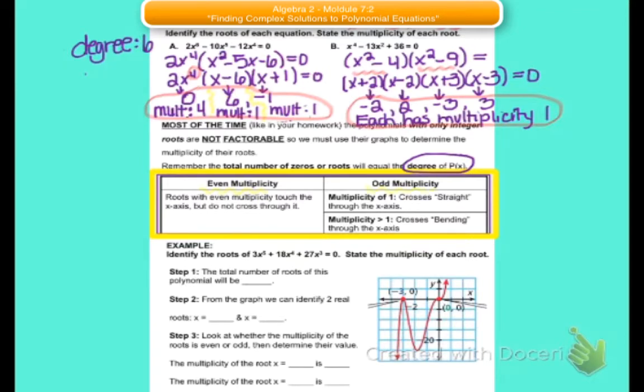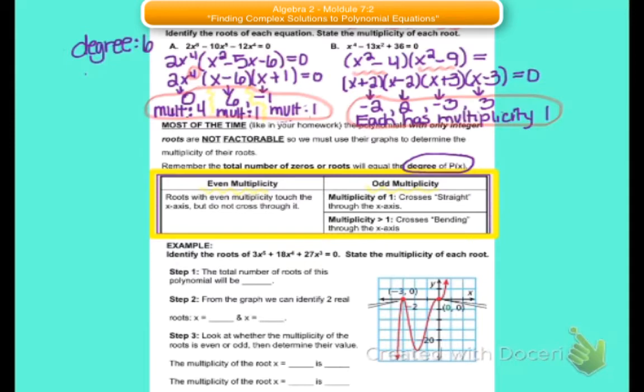So if we have even multiplicity, such as when we had multiplicity 2 or 4, roots with even multiplicity, their graphs will actually touch the x-axis. So those roots, the graph will come up and touch the x-axis, but will not cross through it. And so you'll see it come up if it's even and touch the x-axis and then turn around and come back down. And that would indicate an even multiplicity.